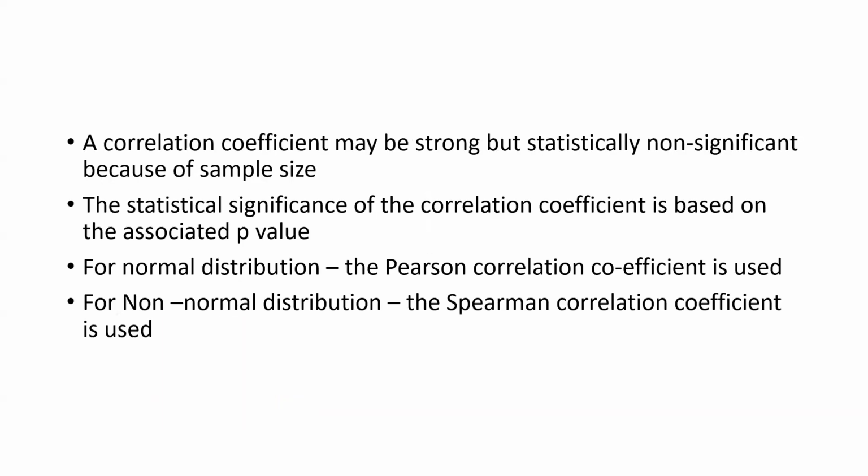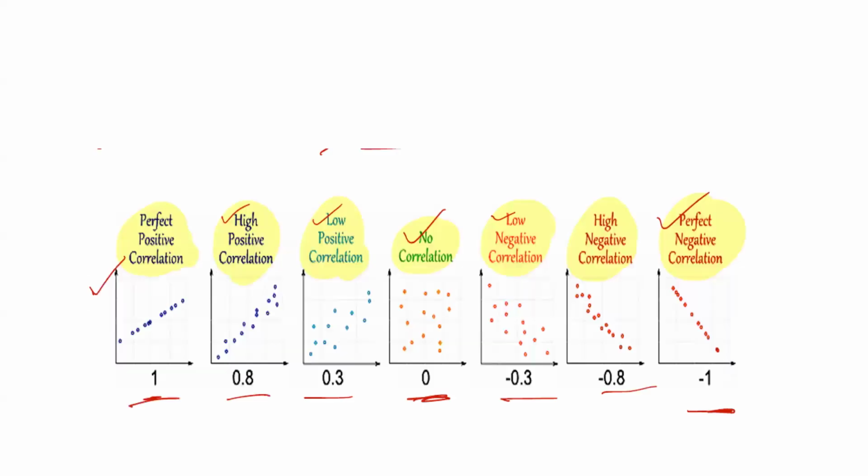The correlation coefficient may be strong but statistically non-significant because of sample size. The statistical significance of the correlation coefficient is based on the associated p-value. For normal distribution, the Pearson correlation coefficient is used, and for non-normal distribution, the Spearman correlation coefficient is used.